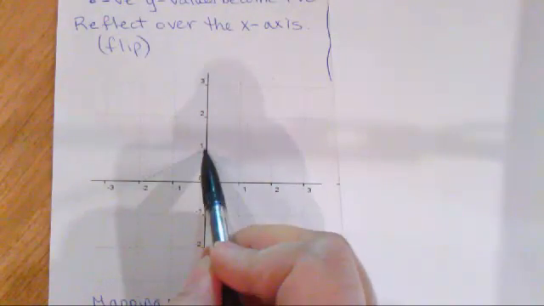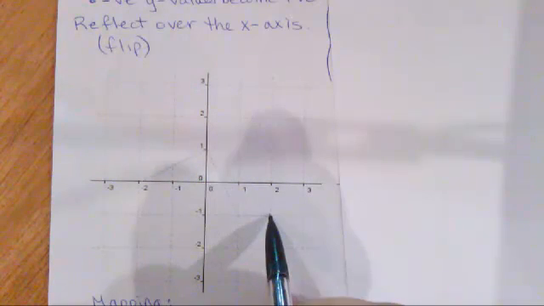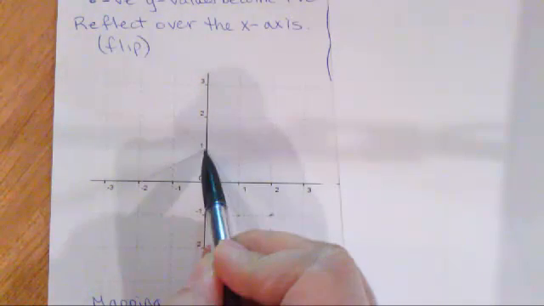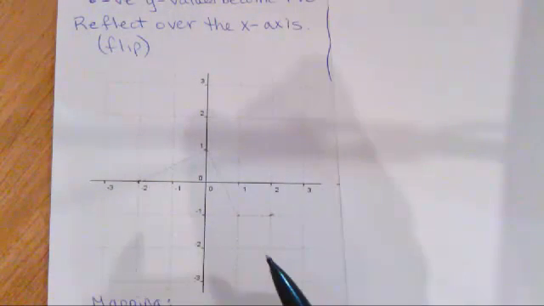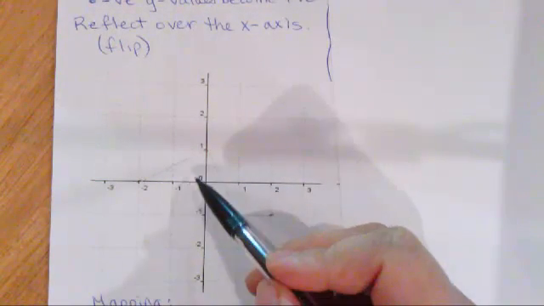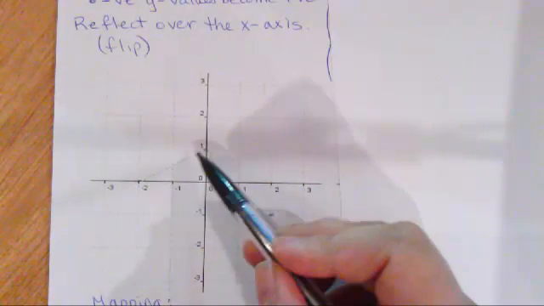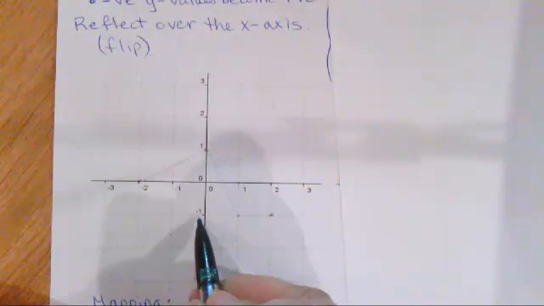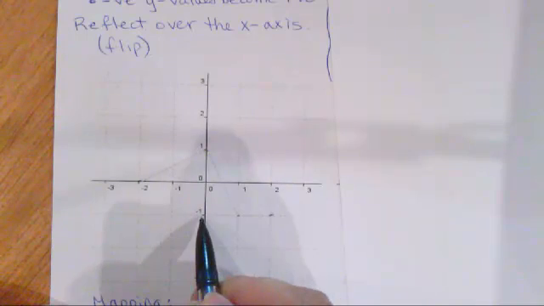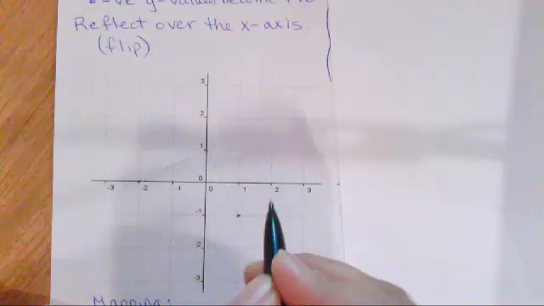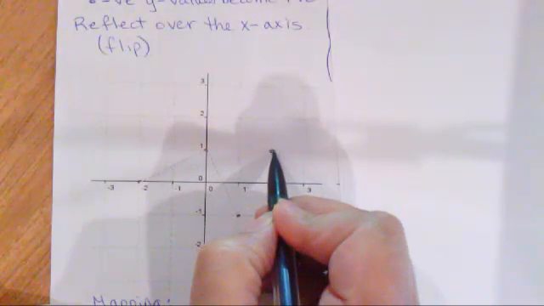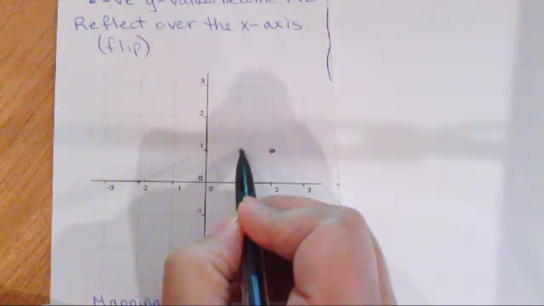You can very lightly see the original is given as a dotted line. I'm just going to make that a little bit more pronounced so that I can see it. For every y value, we're going to look at the y values. This point here, that's at -1, is going to reflect over the x-axis.